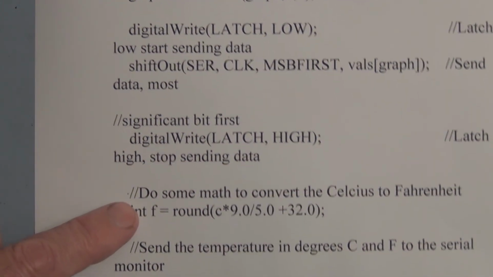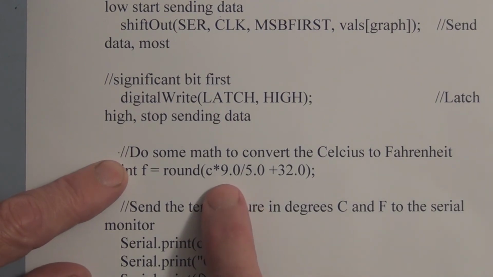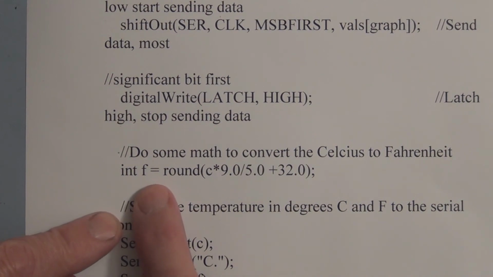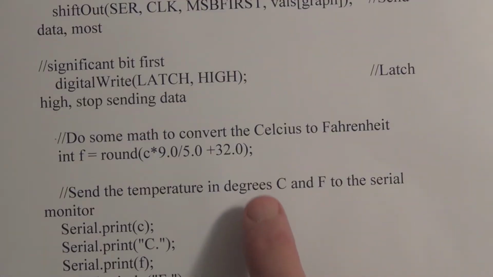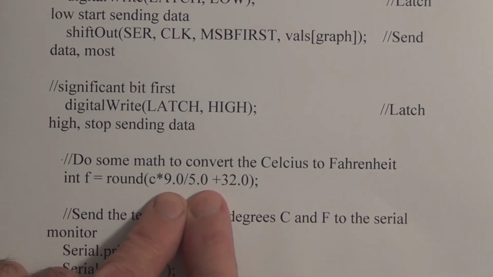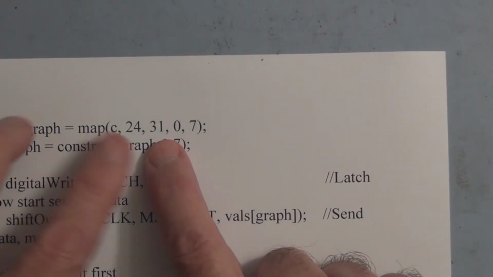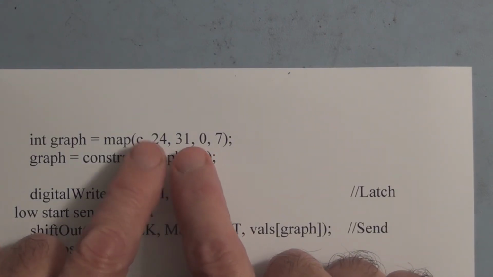And then this is the same, where if we look at the serial monitor program, we're still going to be able to see the temperature in degrees C and degrees Fahrenheit, and print that out in the monitor program. The only thing here is that if we look at the serial monitor program, we're going to be able to see the temperatures that are outside of the 24 to 31 range.